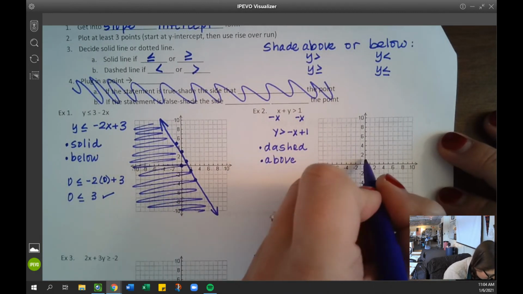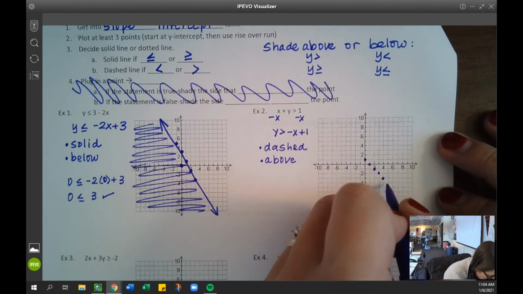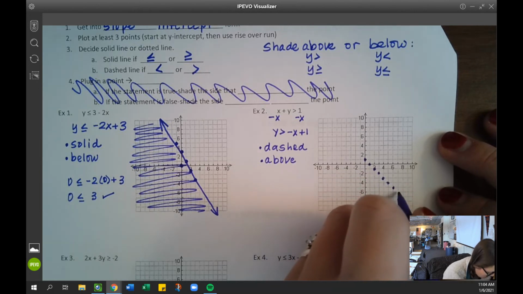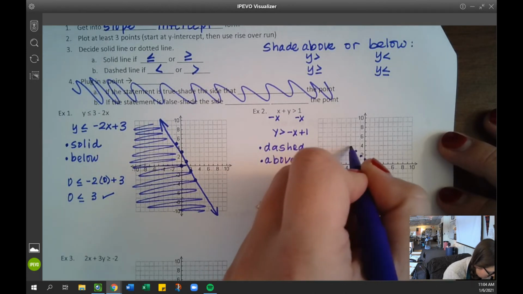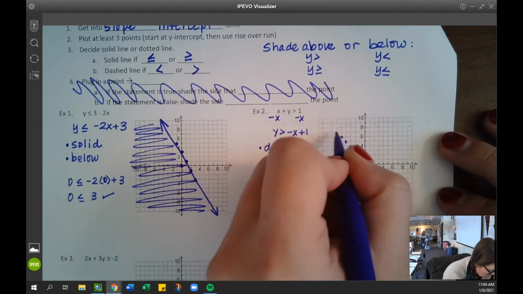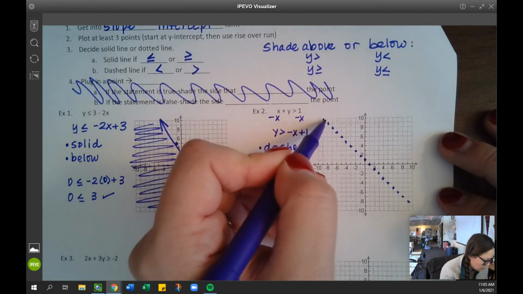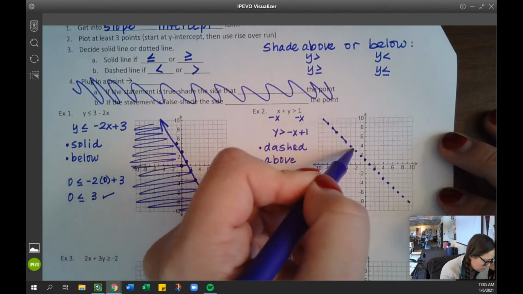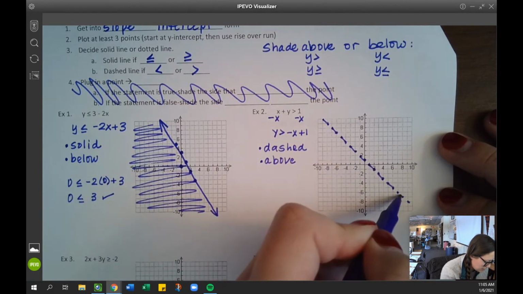So I'm going to graph this just like normal, and be careful because our habit is to just draw a solid line. Especially if you're using a pen like I am, it's really hard to make a solid line dashed. So remember, we want this to be a dashed line, not a solid line.